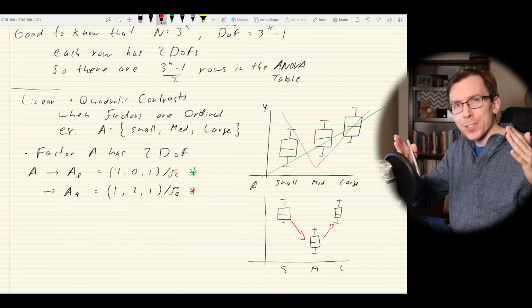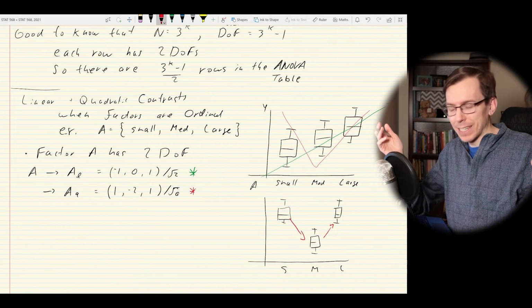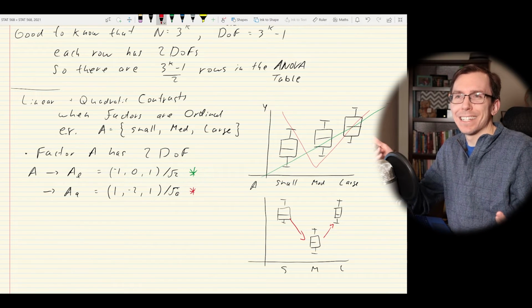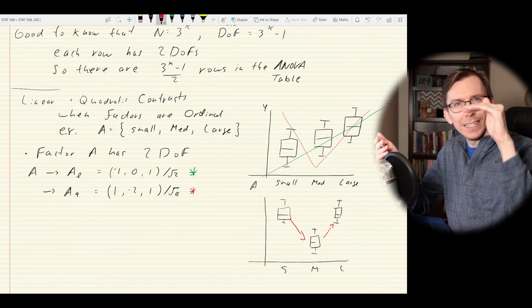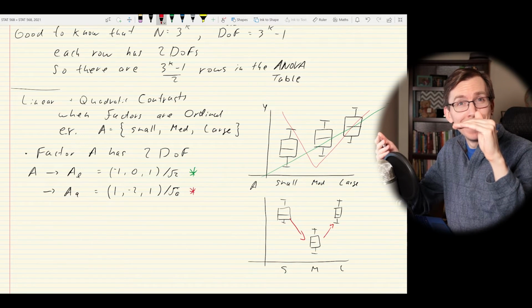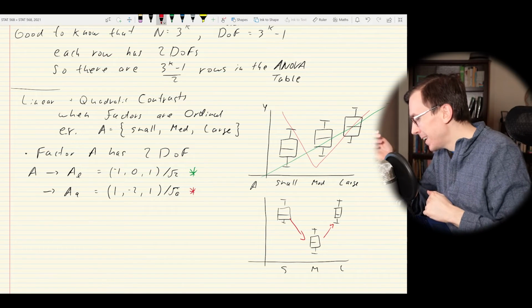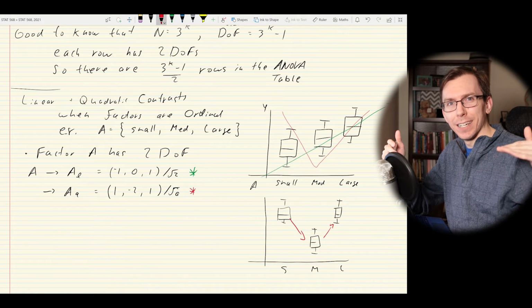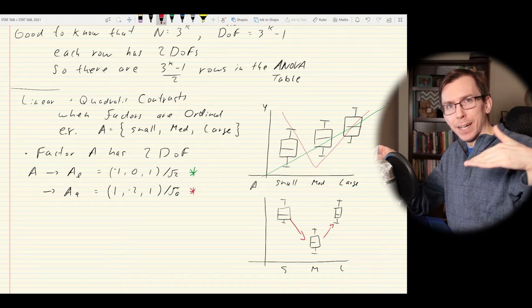Then if I give a large dose, the response drops, because maybe I've overdosed. If you're trying to promote growth in plants, you give them a little water, they don't do so well. You give them a decent amount of water, they do well. You give them too much water, they drown, and that's no good. So you can imagine seeing a quadratic contrast going from low to high to low, or in the other case, just up, up, and up.